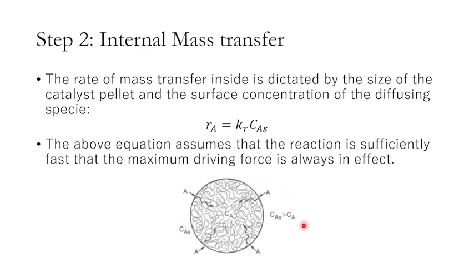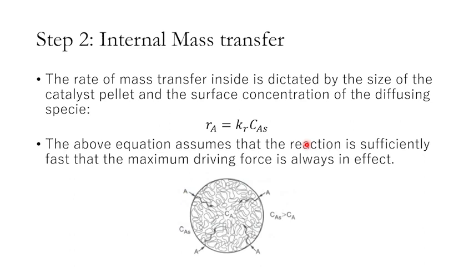We have here the relationship: concentration of A at the surface is greater than the concentration of A at the center of the pellet. Therefore, this becomes CAS minus 0. Therefore, we always have the maximum driving force. That gives us this simple equation for the rate of internal mass transfer. Okay? This assumption is only valid if we say that the rate of reaction is far faster than the rate of internal diffusion.